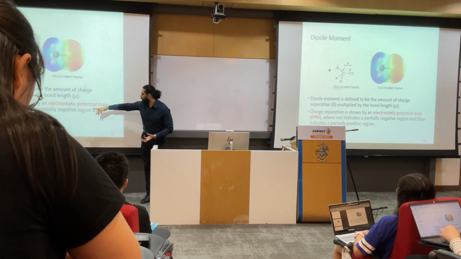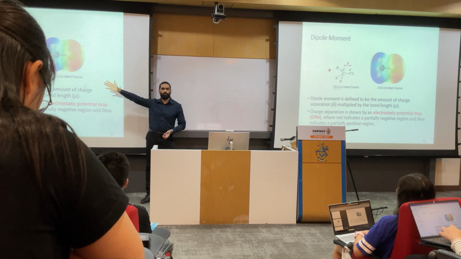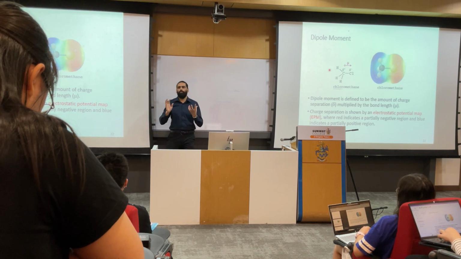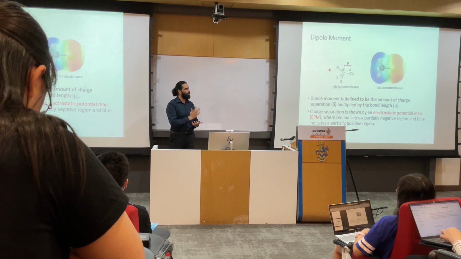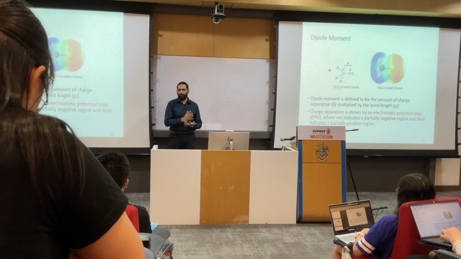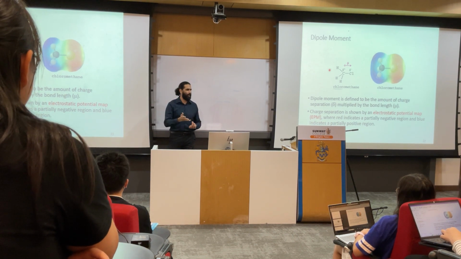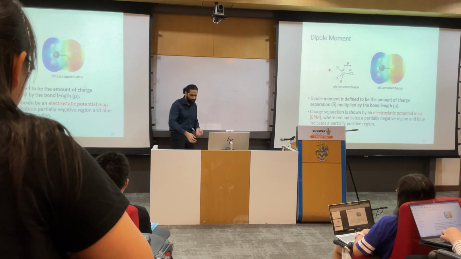So it's called EPM. If you see pictures like this, you will know that they are trying to show us the density of electrons in this molecule. The red would represent what charge? Negative, because that's what electrons carry. Correct?